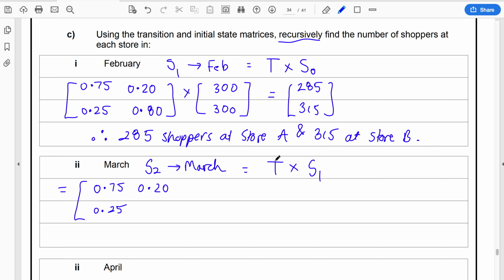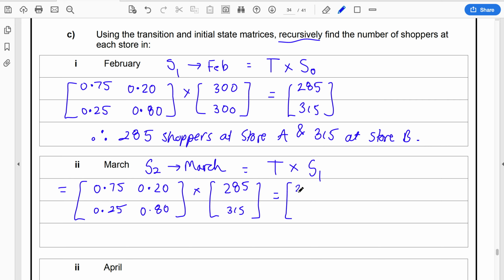It's much easier just to write T by S1. But I just want to show you what it looks like. It's now being multiplied by 285, 315. Since these initial values are no longer relevant, because a lot of shoppers stayed where they were, but there was movement between the two stores.